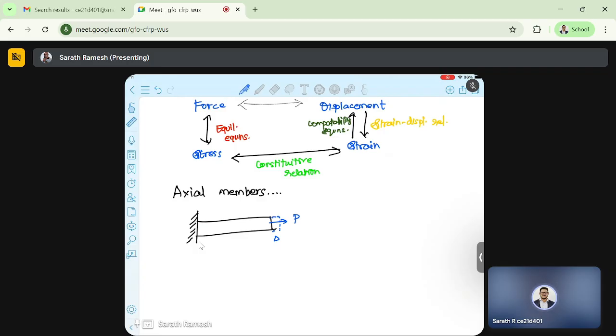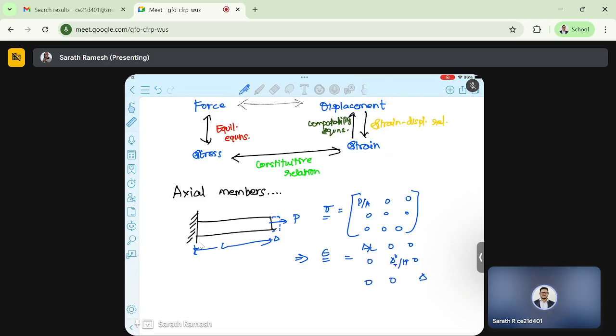Suppose we have this stress tensor sigma equal to P by A, 0, 0, 0, 0, 0, 0, 0, and the corresponding strain tensor will be delta by L, 0, 0, 0, and delta in thickness in the y direction by the original thickness, 0, 0, 0, and delta in z direction divided by, say, b and h are the dimensions of the other side.